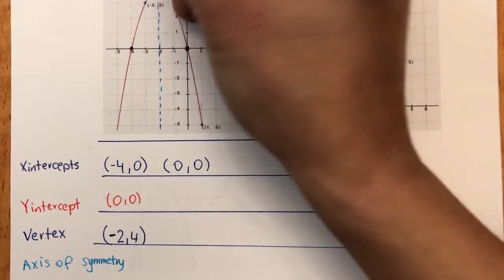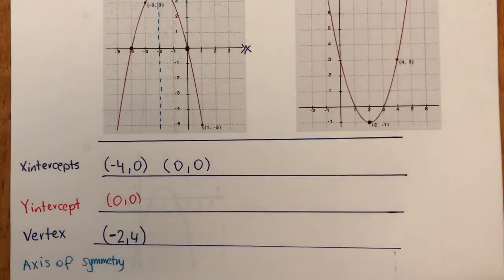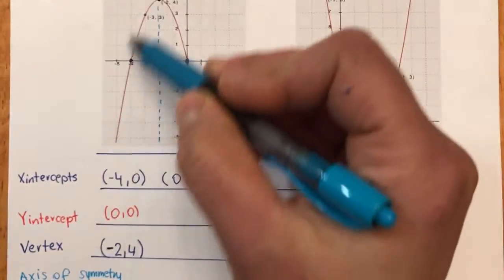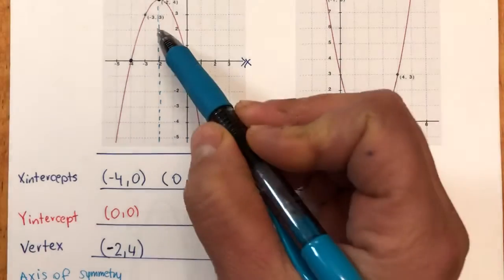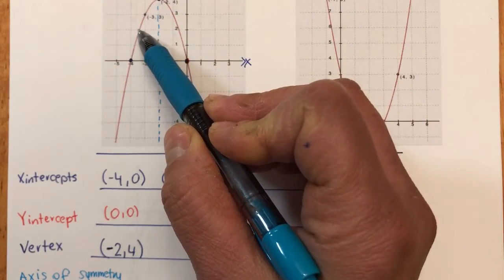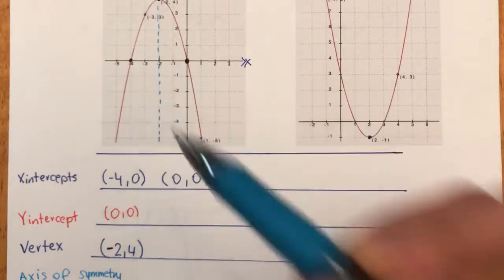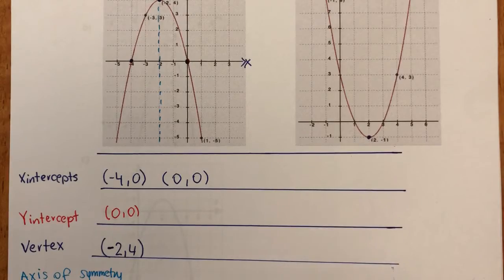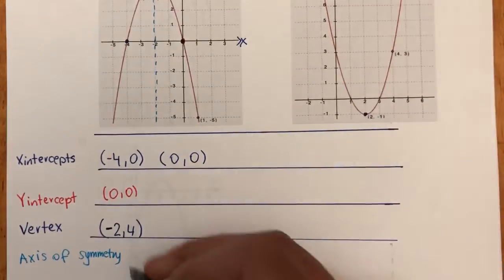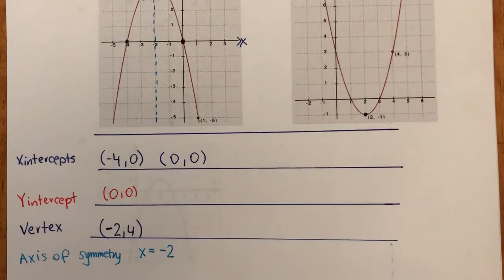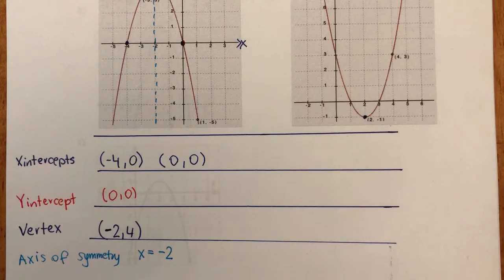And if you imagine folding the parabola along this line, those two parts are going to overlap. So this point is going to have a mirror reflection here, this point right here, and so on. So the axis of symmetry, because it is a vertical line, is going to have an equation x is equal to -2. That's our axis of symmetry.